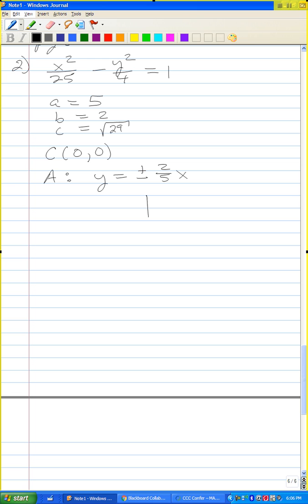We're centered at the origin. So we go out 5 in x: 1, 2, 3, 4, 5 in each direction. We go out 2 in y: 1, 2, 1, 2. Let's draw the bounding rectangle.